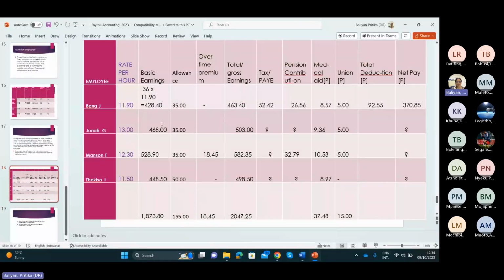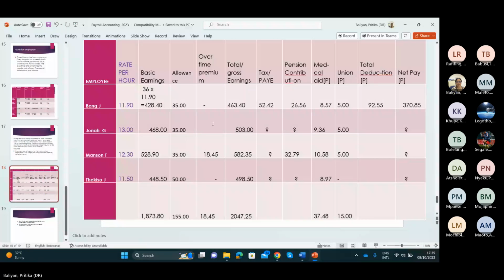Plus he is also getting the general allowance, 35. So when we add allowance 35, overtime, as the overtime information is given there, did he work any extra hours, more than 40 hours in a week?